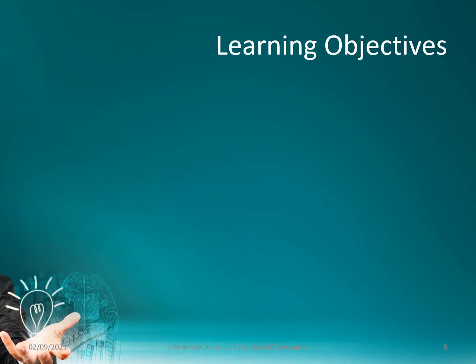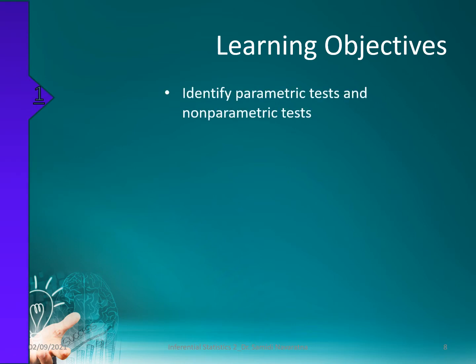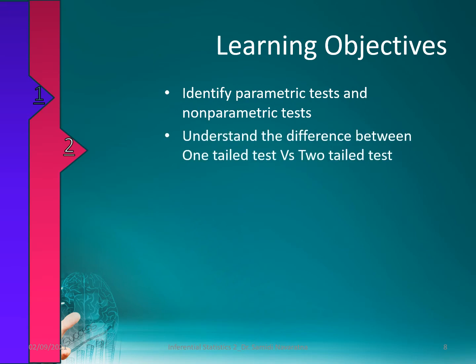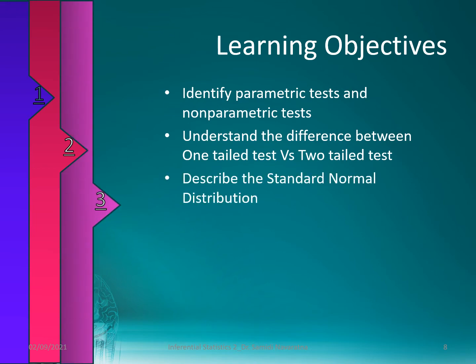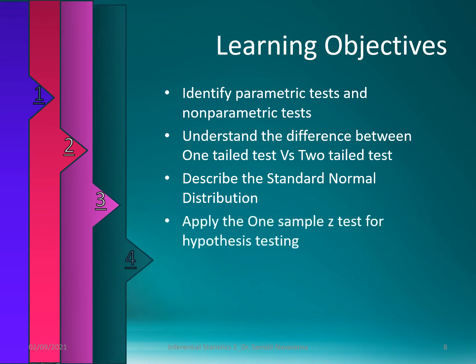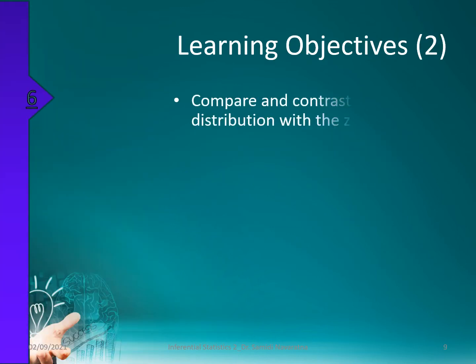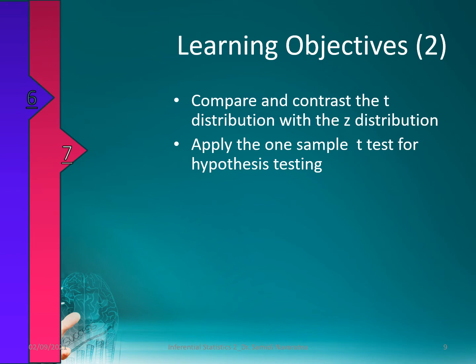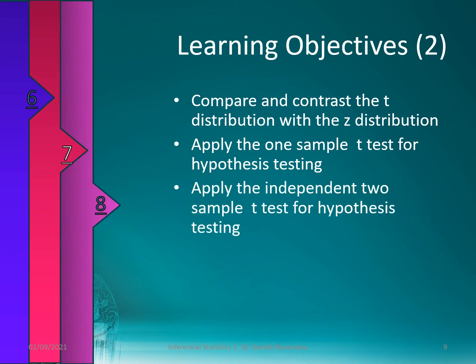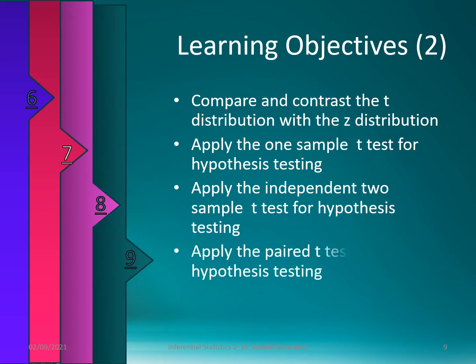By the end of this lecture, the student should be able to identify parametric tests and non-parametric tests; understand the difference between one-tailed test versus two-tailed test; describe the standard normal distribution; apply the one-sample Z-test for hypothesis testing; apply the two-sample Z-test for hypothesis testing; sixth, compare and contrast the T distribution with the Z distribution; apply the one sample t-test for hypothesis testing; apply the independent two sample t-test for hypothesis testing; and finally, apply the paired t-test for hypothesis testing.